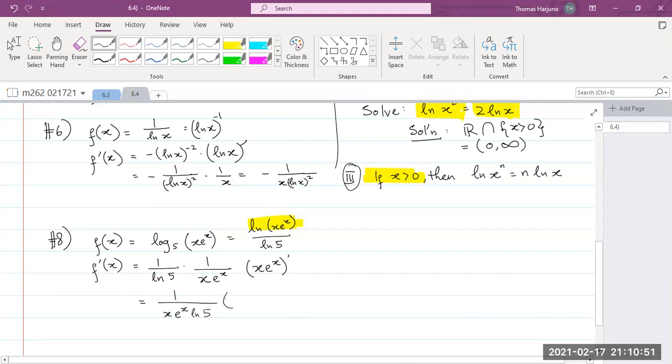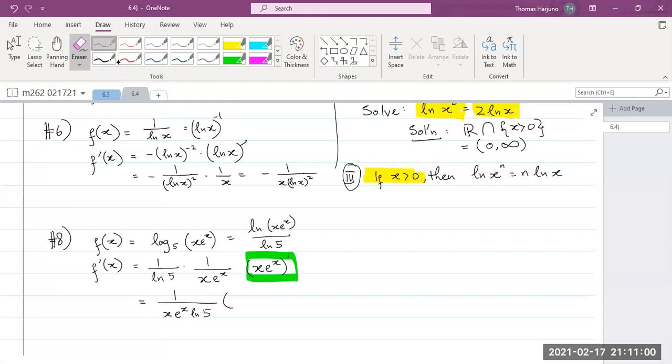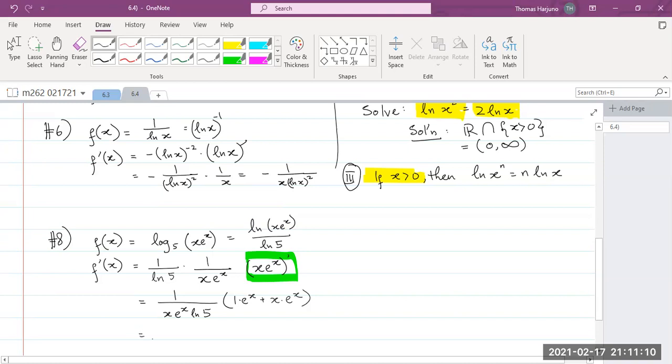Now this part here, you need to do the product rule. That will be 1 times e to the x plus x times e to the x.